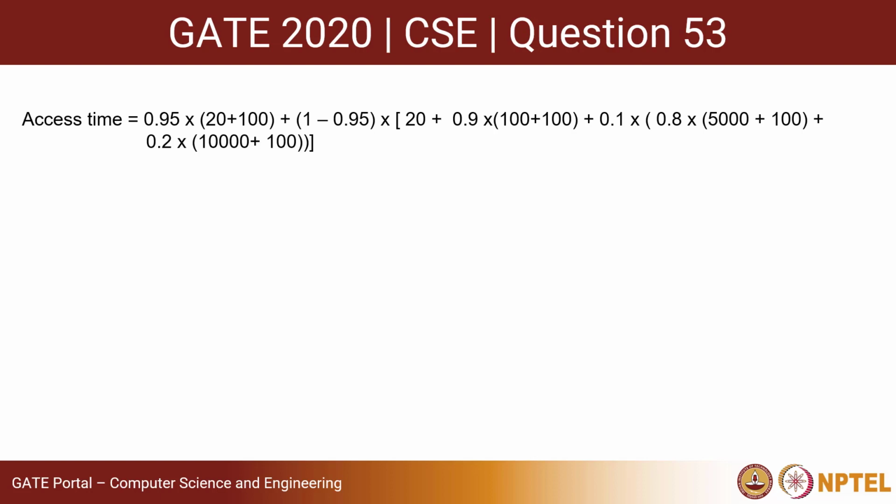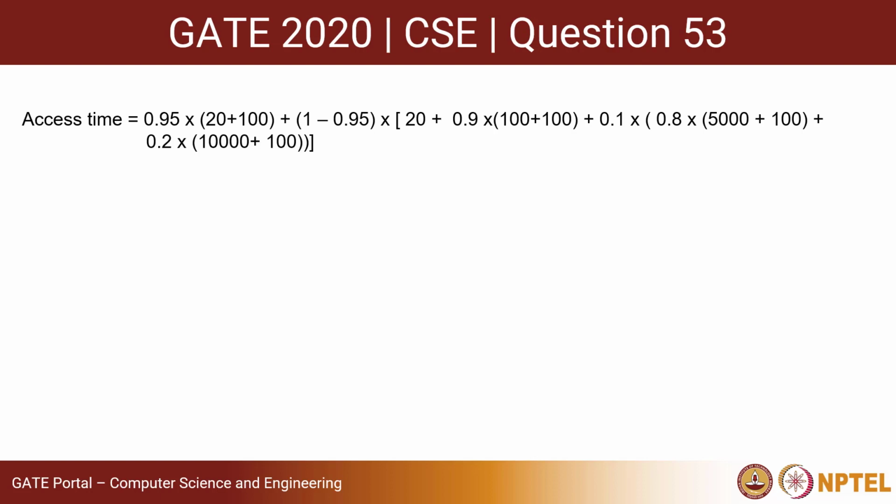So 0.8, or 80% of the times, there will be no dirty bits, so we can bring the pages directly from the secondary memory to the main memory. That will consume 5000 nanoseconds, which was given in the question, plus again 100 nanoseconds to search the page in the main memory.